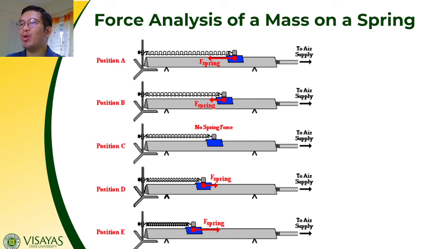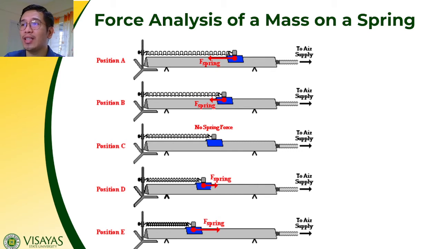So as the glider moves from position A, which is the releasing point, to position B, and then to position C, the spring force acts leftward upon the leftward moving glider. As the glider approaches position C, the amount of stretch of the spring decreases and the spring force decreases.